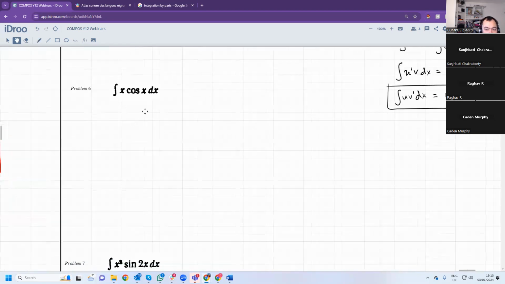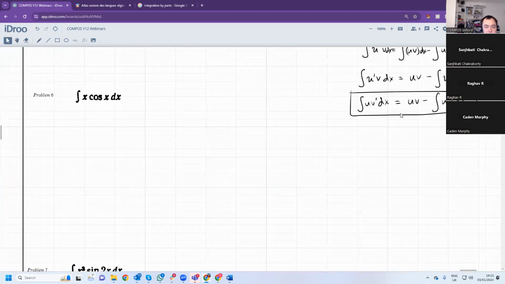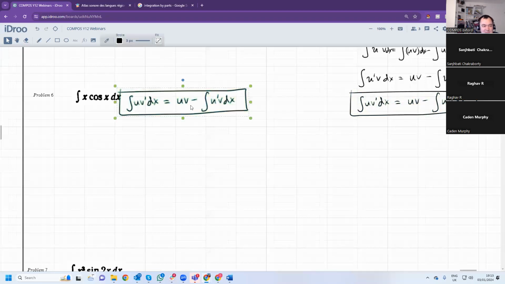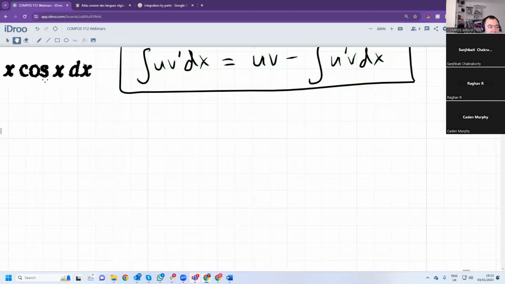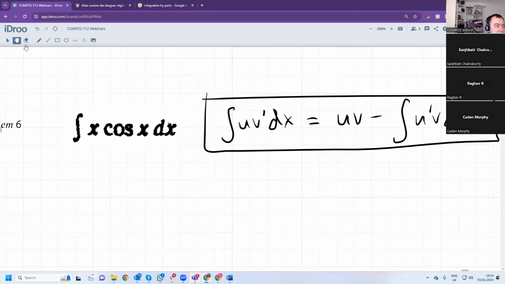So you write down the formula, and it's sort of a substitution in a way, but easier. You need to decide which is which. So you have a product of two things: you have x and you have cos x. You need to decide which one of them is u and which one of them is v dash.